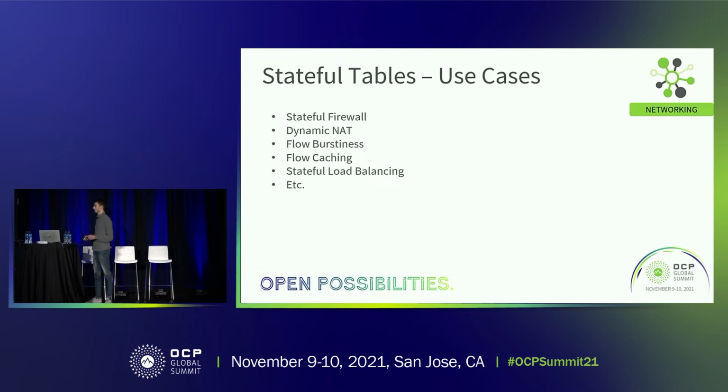Some QoS as well, like flow burstiness, flow caching for better allocation of the resources within your network. You may cache some of the operations using those tables. Stateful load balancing, also an important use case. According to the studies, almost 40% of the data center traffic is being load balanced.